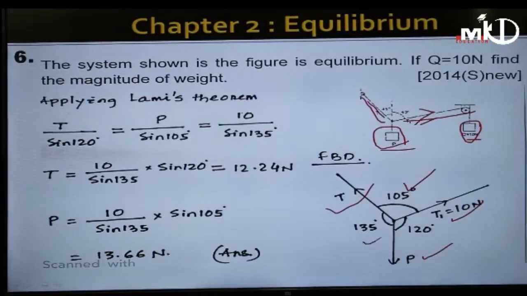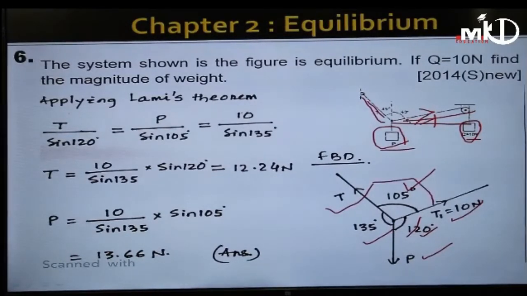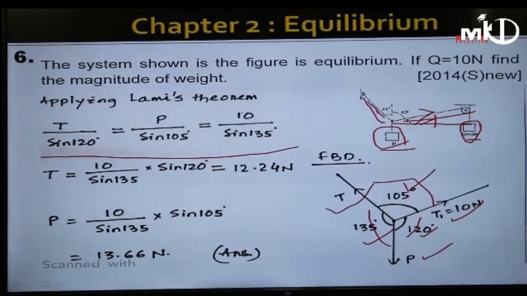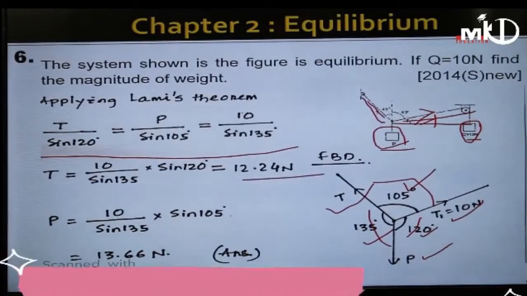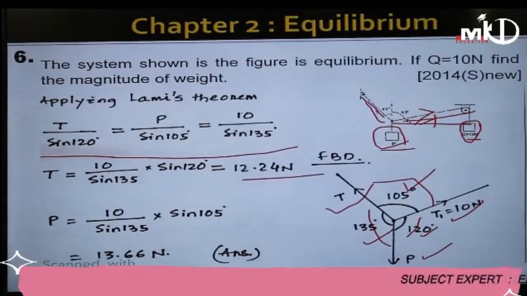Now this is 135, how is 120? This is your 30 degrees, this is 90 plus 30, 120, and the remaining is 135. So applying Lami's theorem, T divided by the opposite angle sin 120 equal to P divided by the opposite angle sin 105 equal to 10 divided by sin of the opposite angle, that is sin 135. So this is Lami's theorem, and by solving we get T equal to 12.24 Newton and P equal to 13.66 Newton.